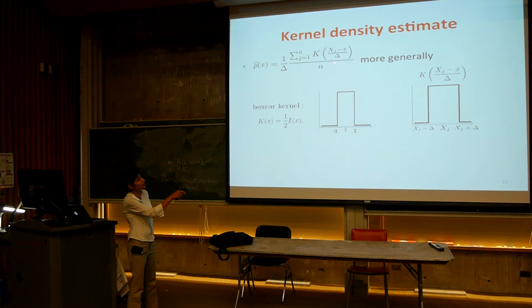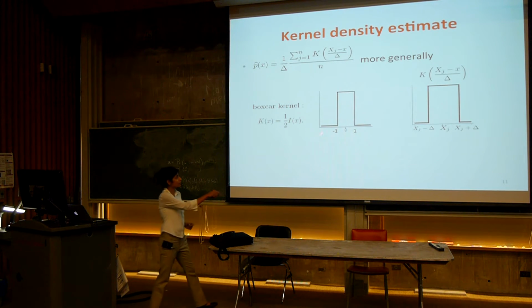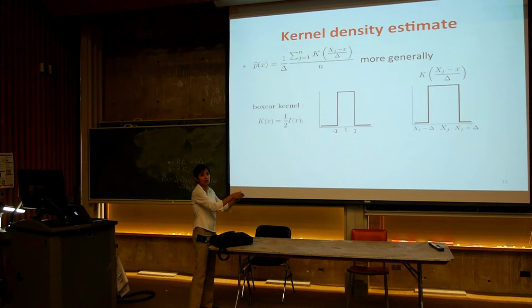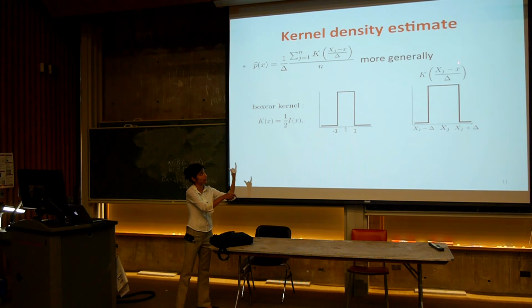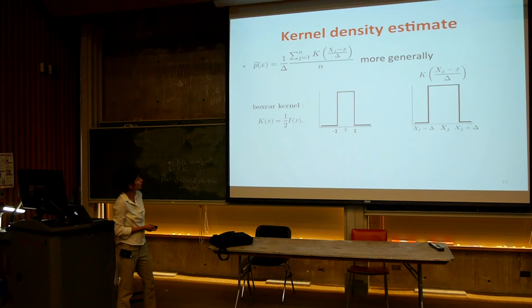And because I'm writing k of xj minus x over delta, I'm essentially shifting it to be centered at one of the points and a delta region around it, right? And so this -1 to 1 now becomes minus delta to delta. I've rescaled it, as if you took this kernel and rescaled the axes by 1 over delta. So now it's supported over minus delta to delta and shifted by, say, xj, right? So that's how you can think of this.